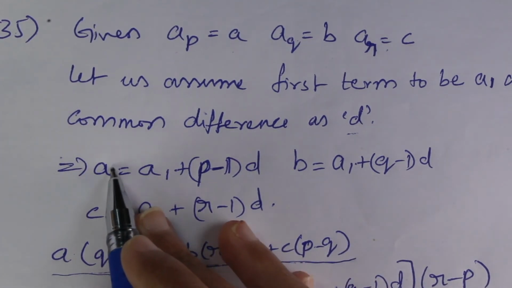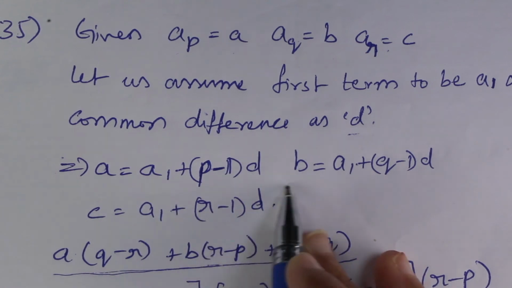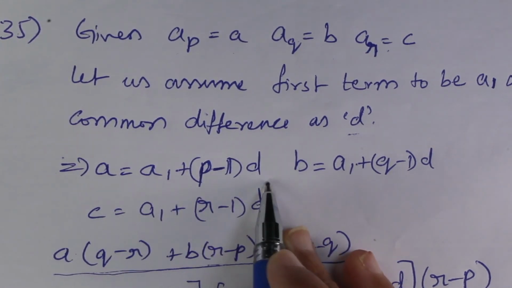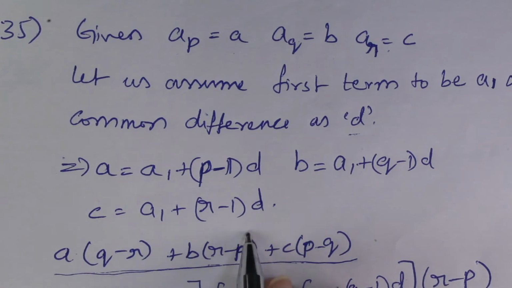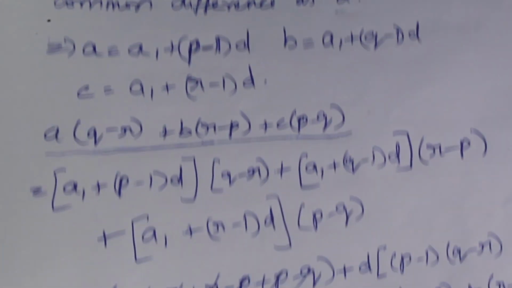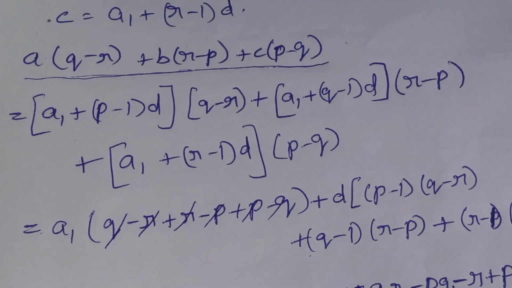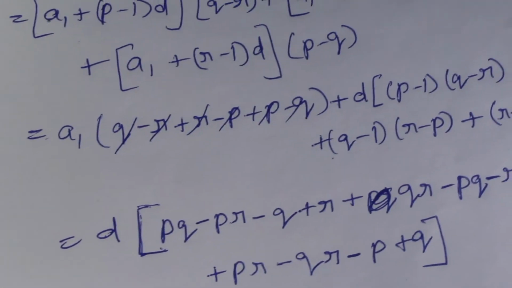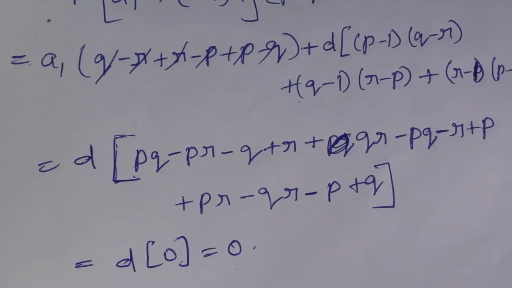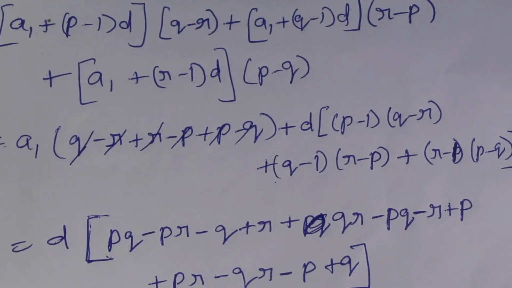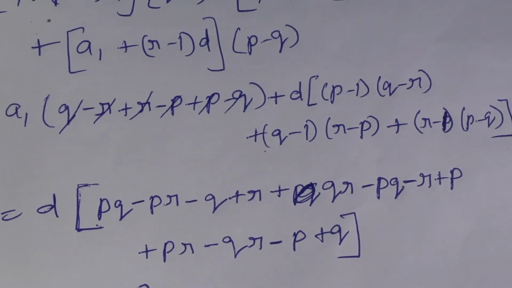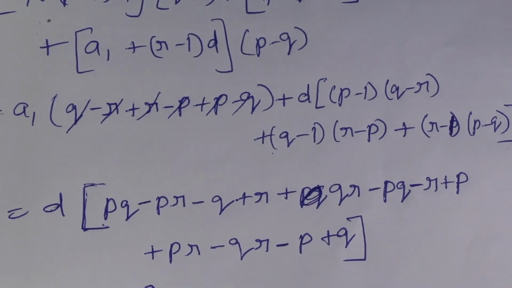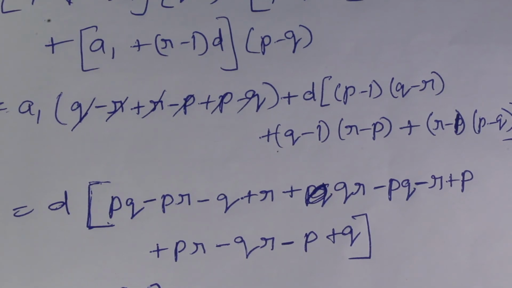So I have substituted the values of A, B and C as these terms, A1 plus (P minus 1) into D, A1 plus (Q minus 1) into D, A1 plus (R minus 1) into D. And I have solved the equation and I got the answer as 0. Hope this is clear for you.